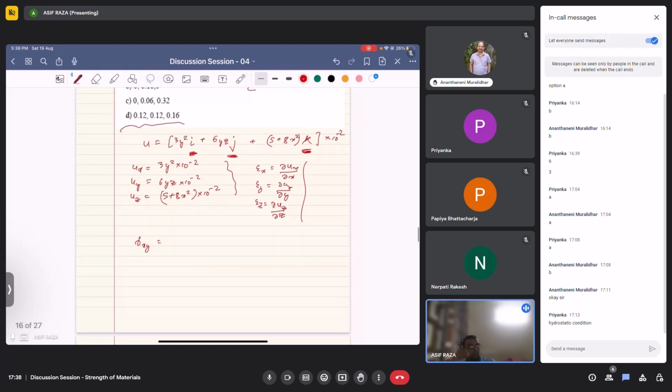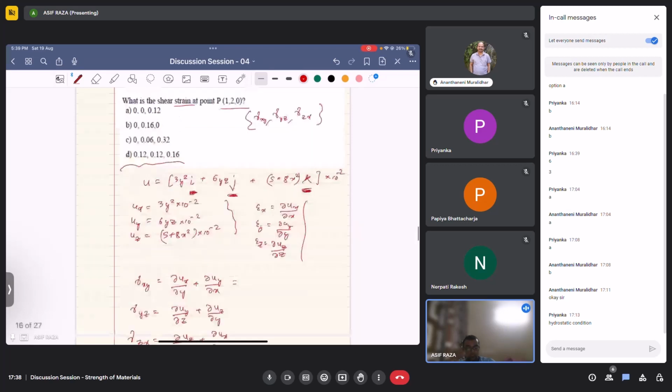So gamma xy, the shear strain, is found using this formula: del ux upon del y plus del uy upon del x. Similarly, gamma yz is del uy upon del z plus del uz upon del y, and gamma zx is equal to del uz upon del x plus del ux upon del z.